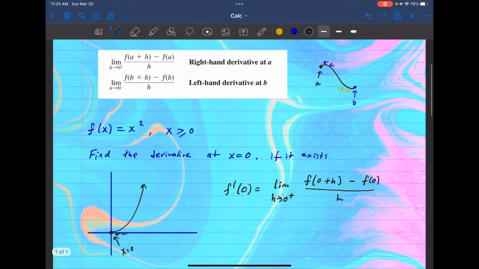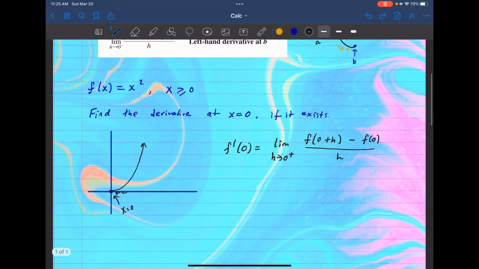I'm simply using this definition right here, and then using x squared, we're going to evaluate this limit. So we have the limit as h approaches 0 from the right; f of 0 plus h is simply 0 plus h squared, minus 0 squared, all over h.